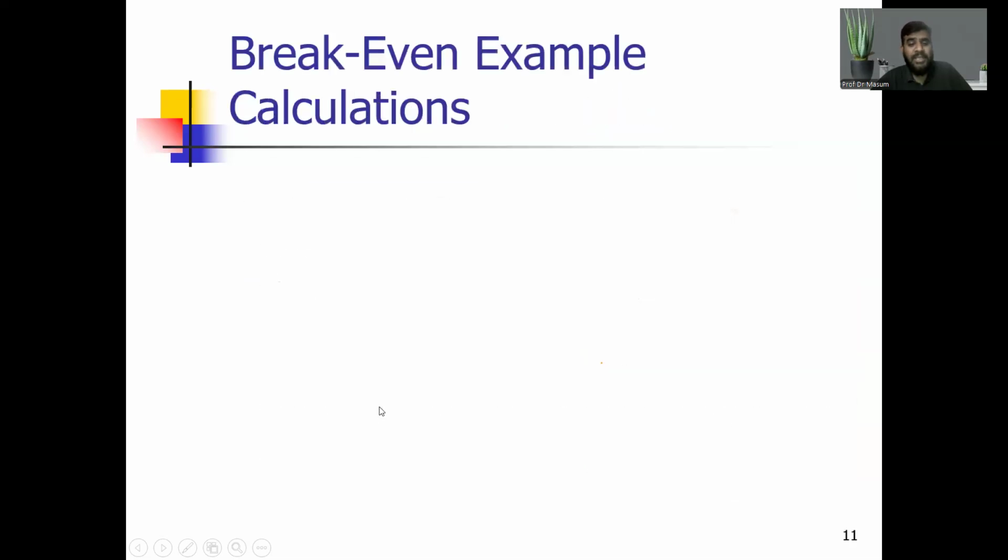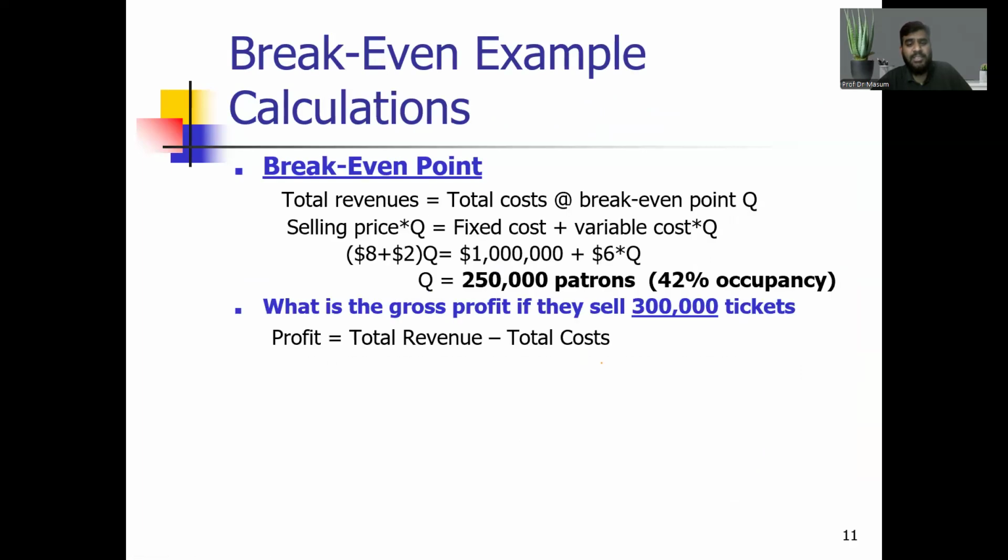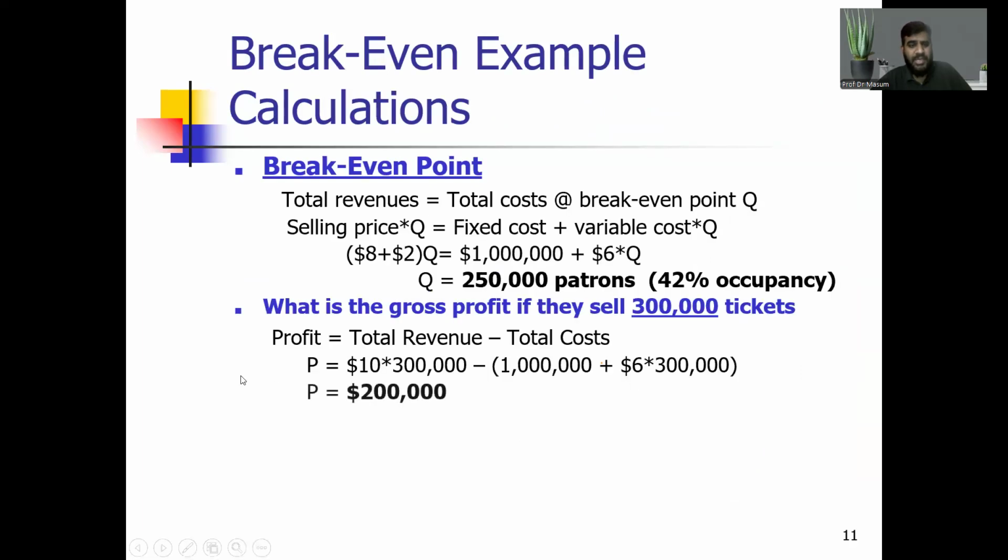Now, if the company wants to earn some profit, what is the gross profit if they sell 300,000 tickets? 250,000 is the break-even number of tickets. But if the company can sell 300,000 tickets, what will be the profit? Profit will be revenue minus cost.